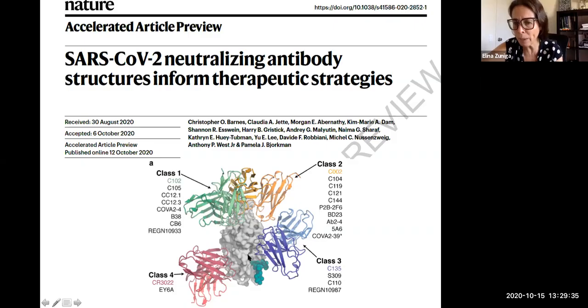And even within that part, some antibodies bind to the upper part, some bind to the lower part of the receptor binding domain of the viral glycoprotein, and some bind a little bit to both, right? Again, this is important for therapeutics because there is a lot of interest in using these antibodies as passive immunization to contain the infection.